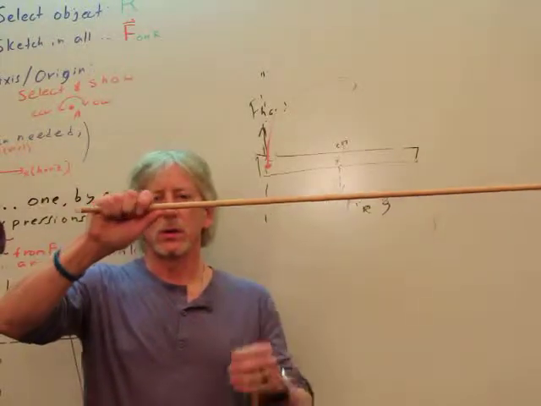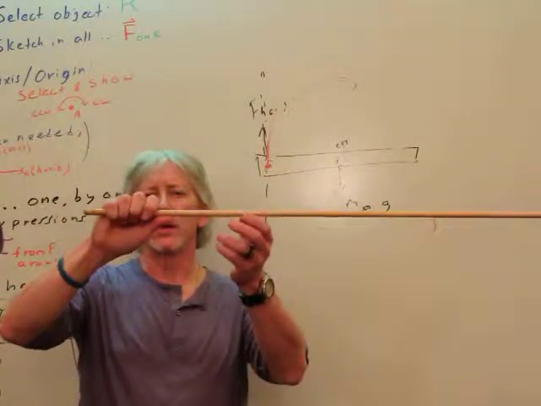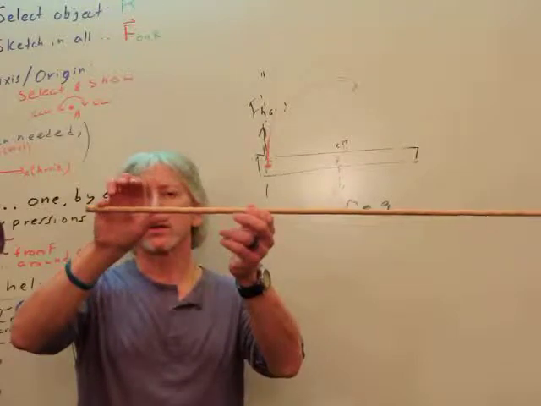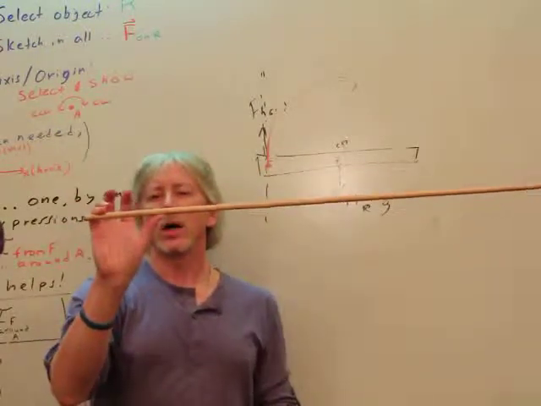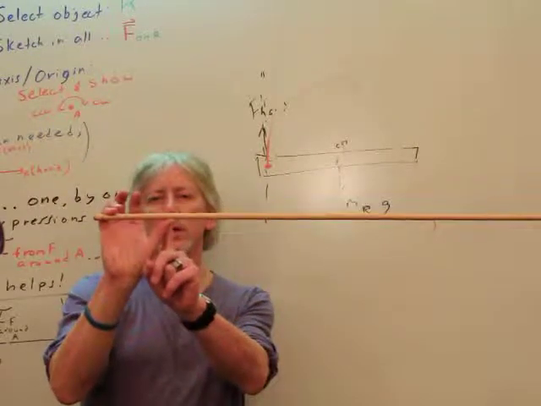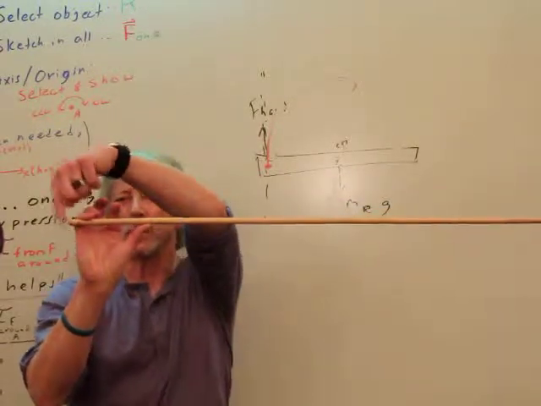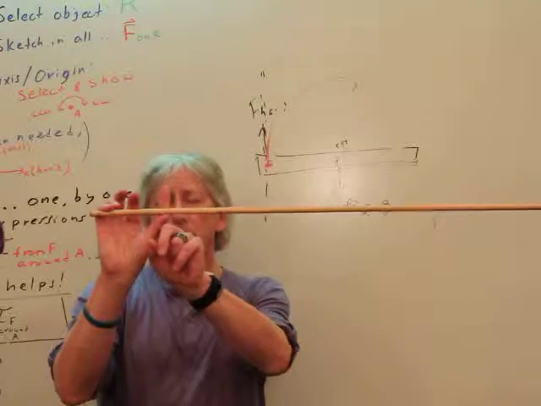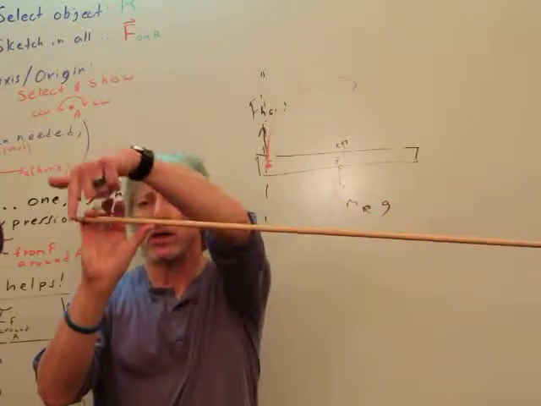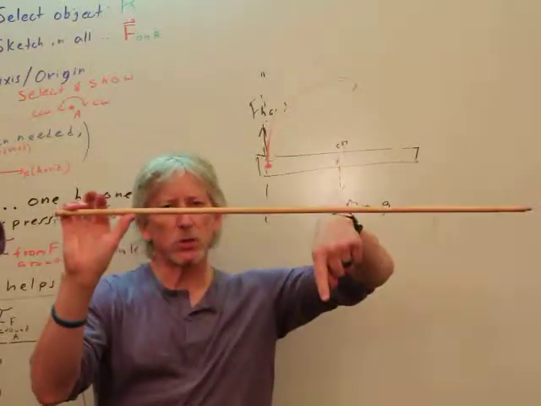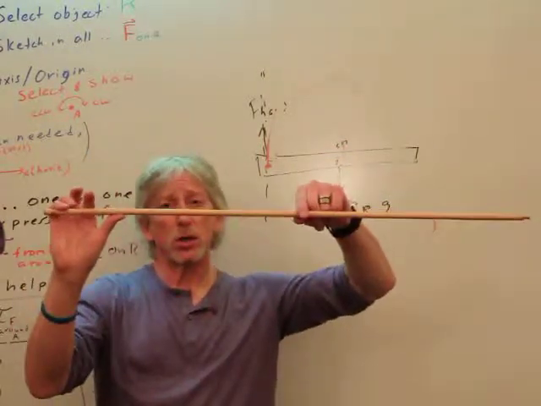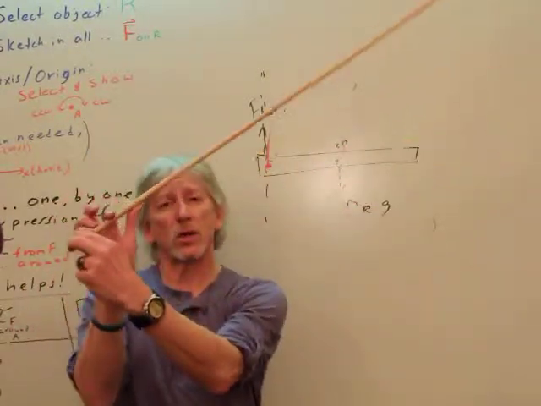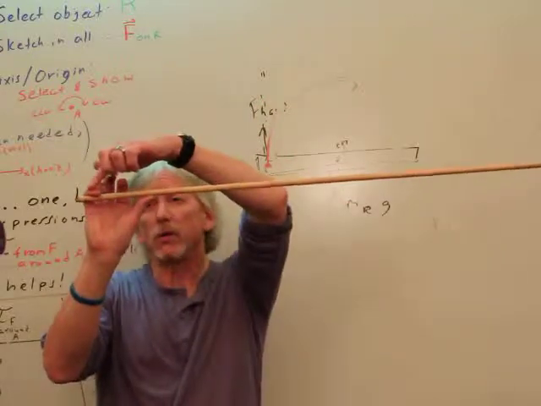Slow it down. What am I really doing with my hand? Really, I'm doing this. I'm pushing up with my thumb and down over here. It's like a teeter-totter, isn't it? Up with my thumb, down here, and down here with mg. So I got a torque this way from the mg on the stick, and a torque the other way from my finger.